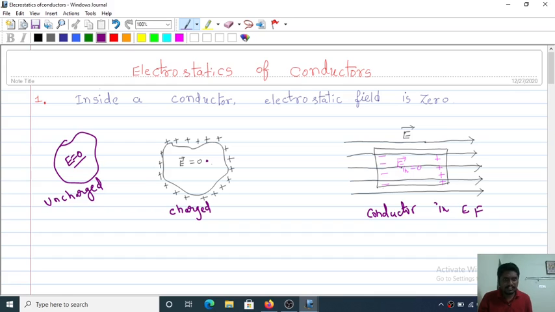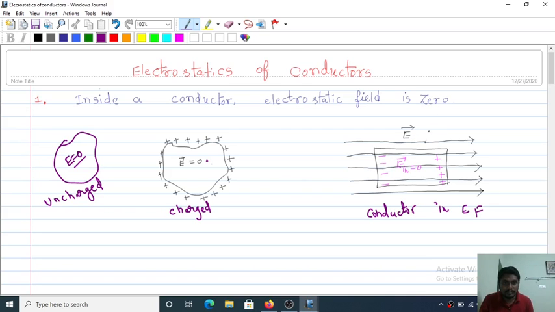Why is it zero in the third case? I told you that when you apply an electric field the charges drift in one direction, but why is the field zero in this case? When there is no electric field, definitely the field inside a conductor is zero. But when you apply an electric field, what happens?